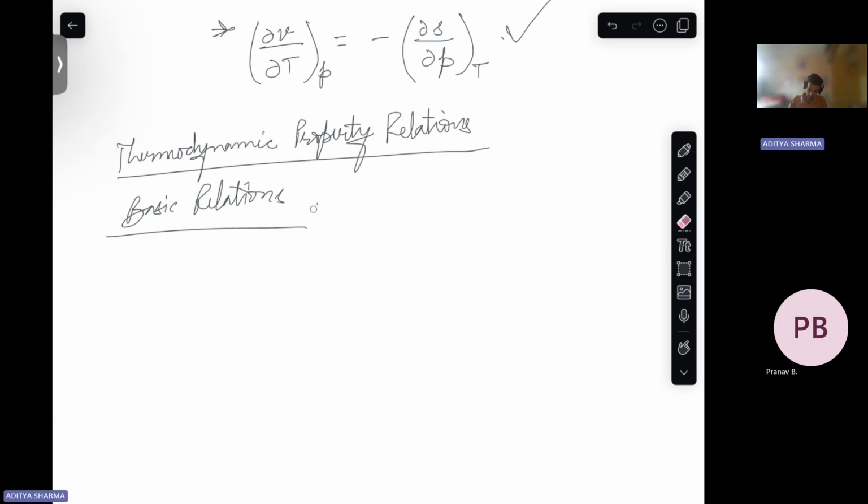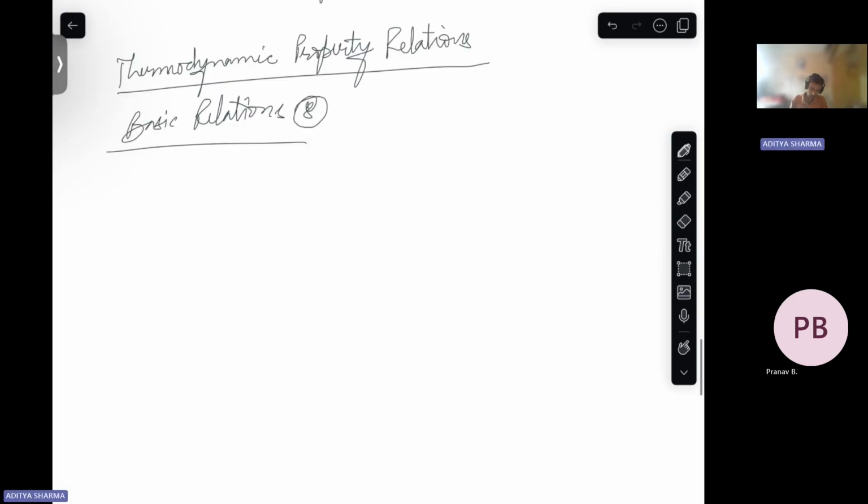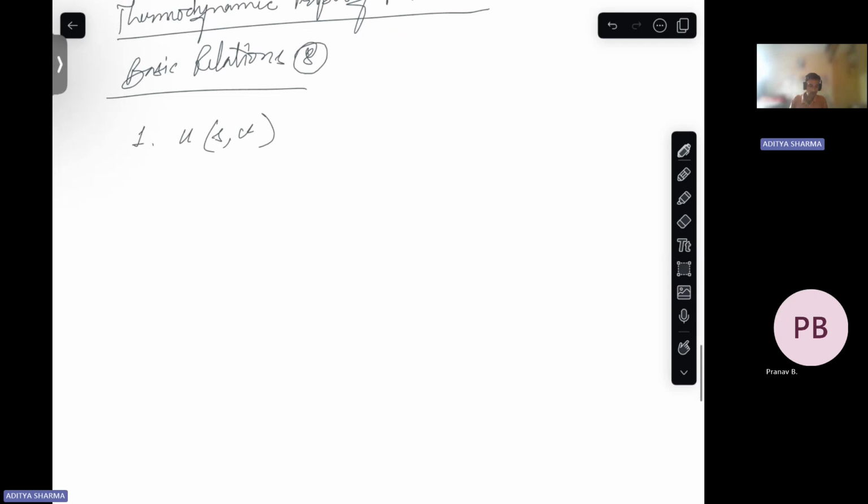And to get these 8 relations is quite easy. So how do we do that? Firstly we will see internal energy, right? Specific internal energy, which is a function of S and V, right? So what we can do, we can write its exact differential as this.